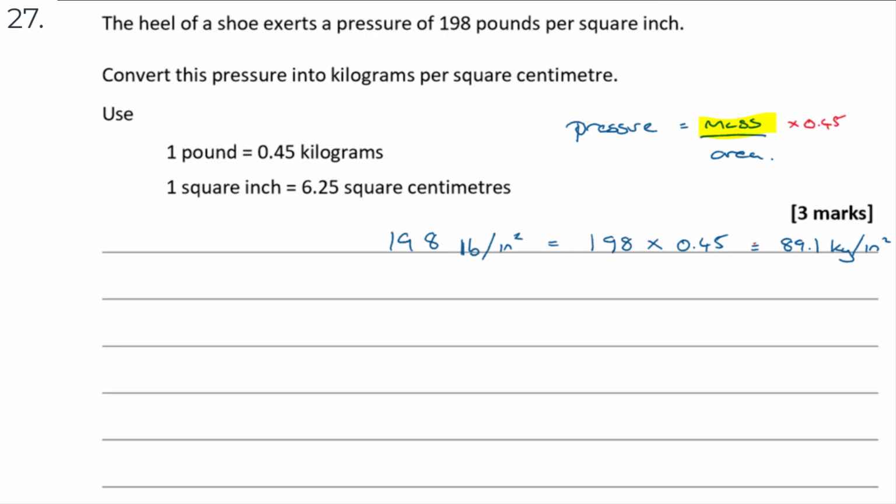Okay, and then to go from inches into square centimetres, 1 square inch equals 6.25 square centimetres. Now to convert inches to square centimetres, we need to multiply the area by 6.25, but area is on the bottom, so actually another way of thinking about it is dividing by that to convert it. So that's going to be equal to 89.1 divided by 6.25.